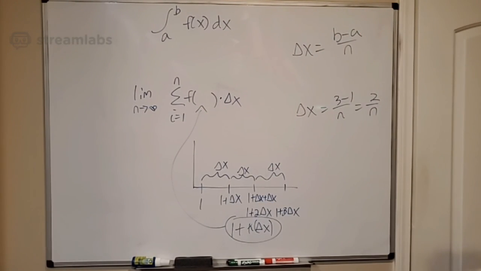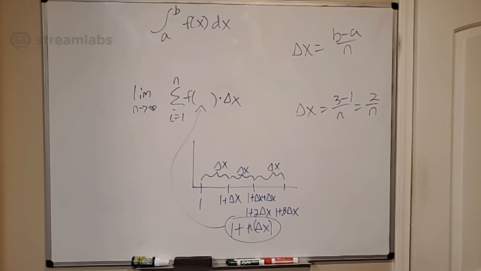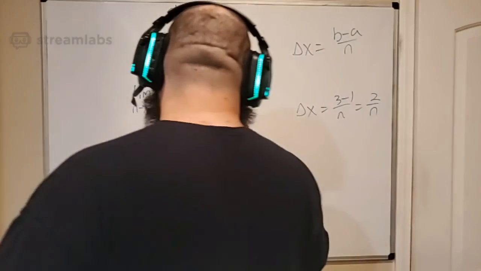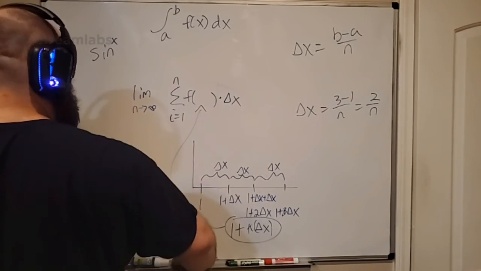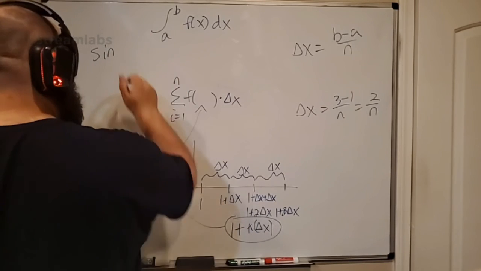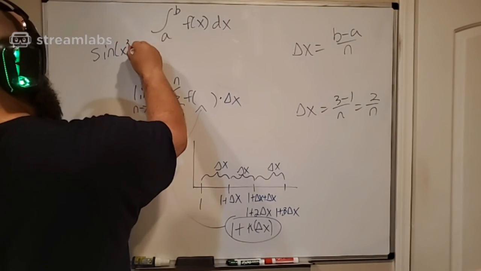So in our case, our f of x is what? Sine of x cubed plus 2. So our function is equal to sine of x squared plus 2.